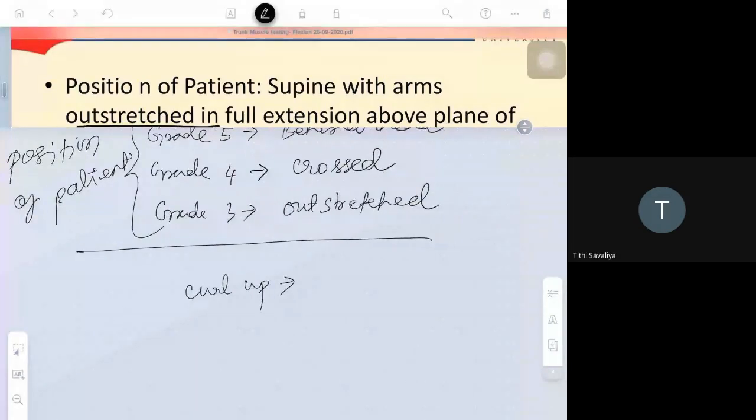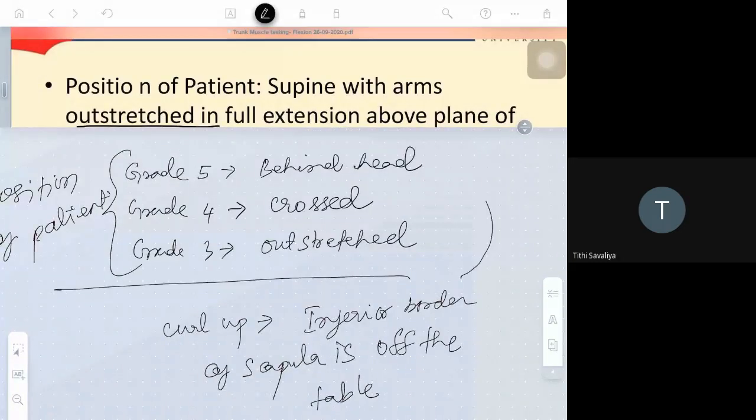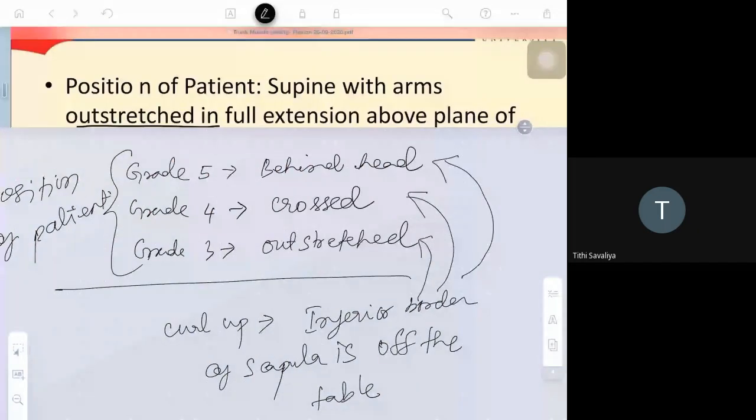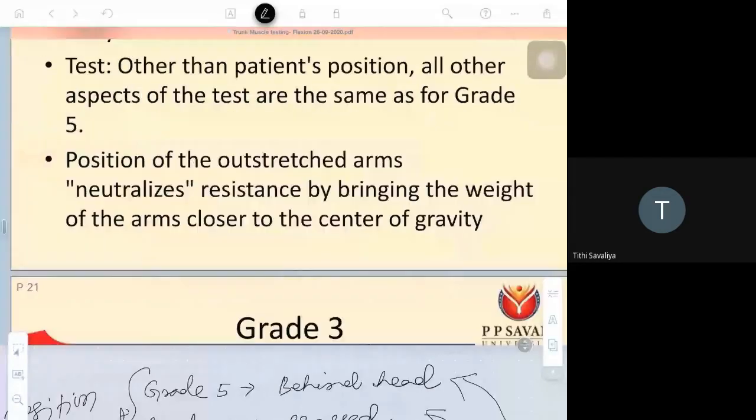If the inferior border of the scapula is off the table, then muscle power is 5, 4 or 3 in different positions. Now the resistance is further reduced.